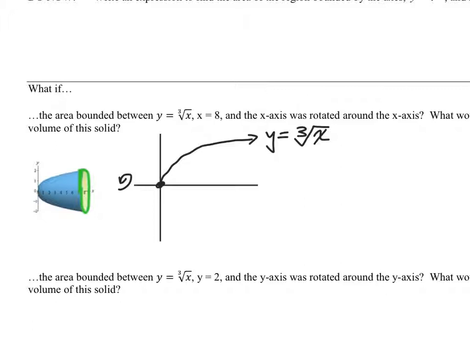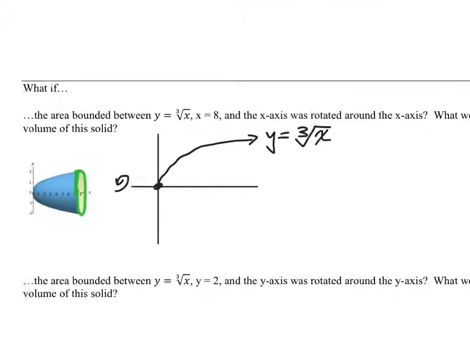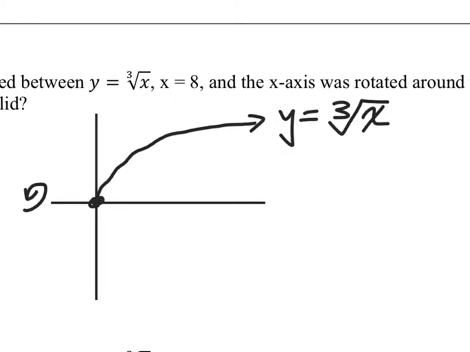So if you're spinning it around, what's happening is you're taking every point on the curve, and that single point is getting spun around the axis of revolution. So that path is going to create a circular pattern.